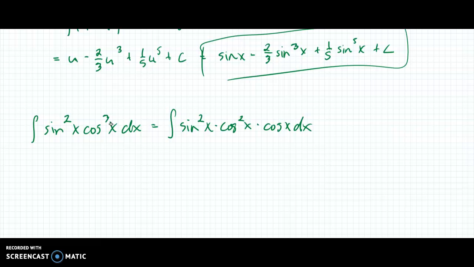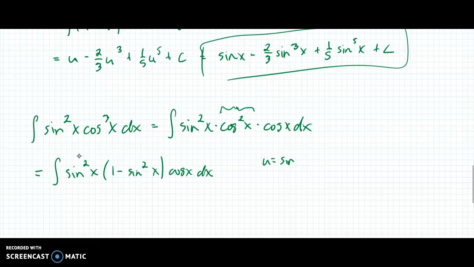Now, this cosine squared is going to get replaced. So I'm going to get the integral of sine squared x, open parentheses, 1 minus sine squared x, times cosine x dx. And then I'm going to do my u's.